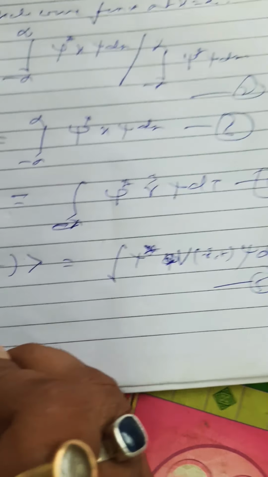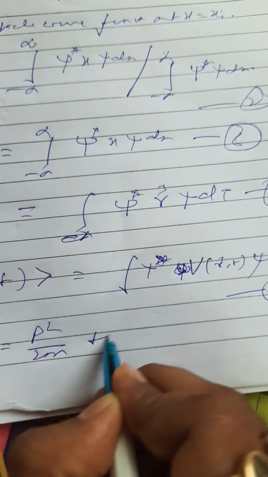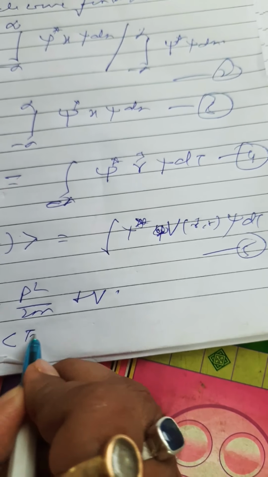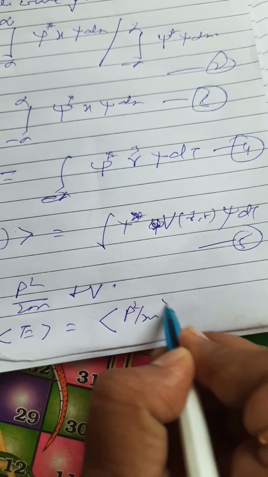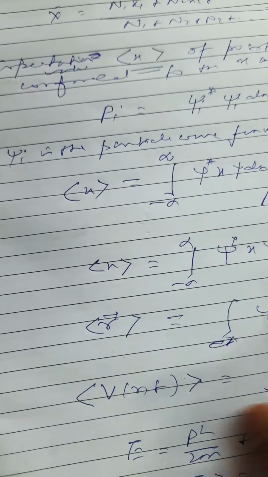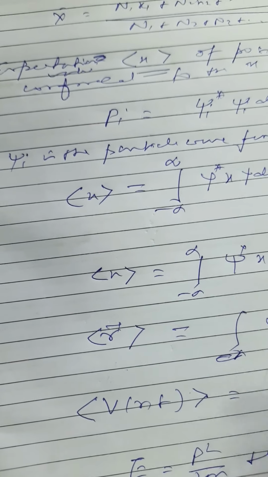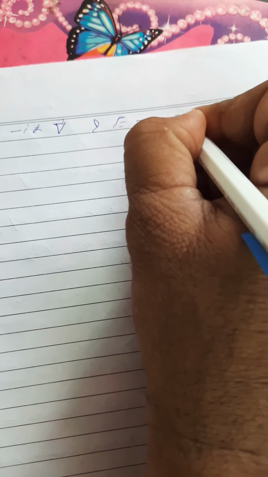Okay, now since we know that E is equal to p squared by 2m plus V, we can write the expectation value E is equal to p squared by 2m plus V, which in terms of the differential operator p... you know that the differential operator p is given by p equals minus i h cross del, and E is given by i h cross del by del t.